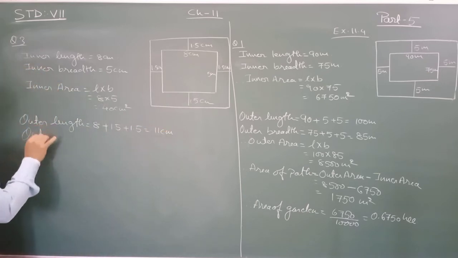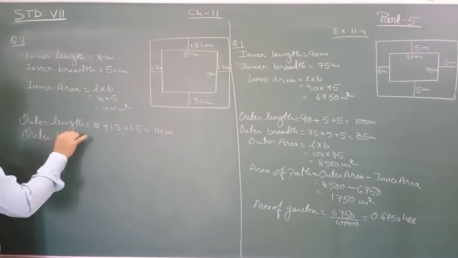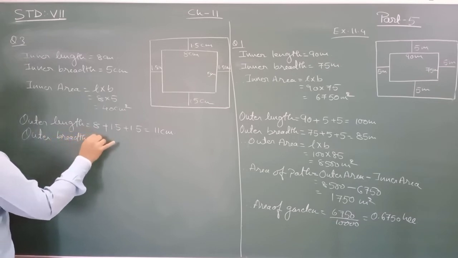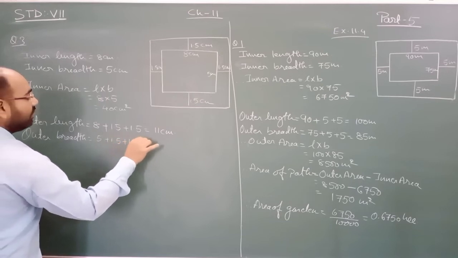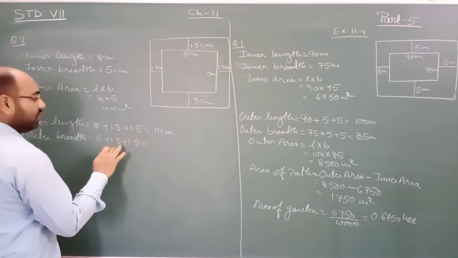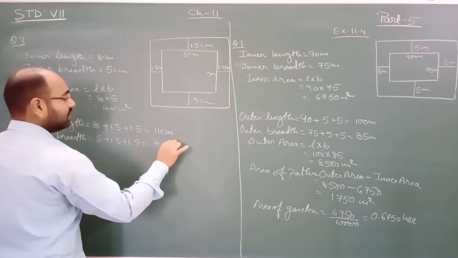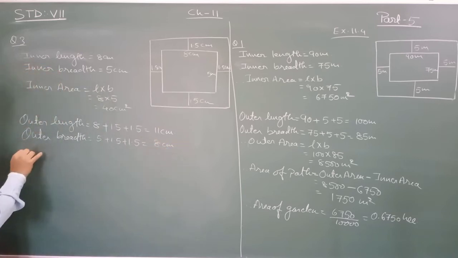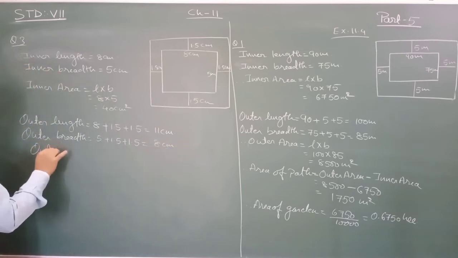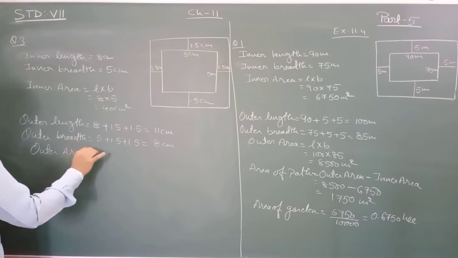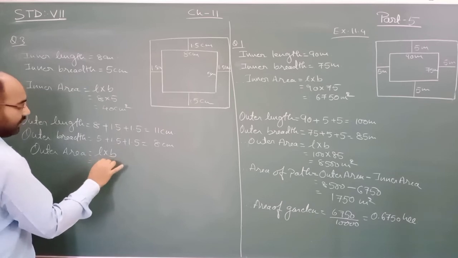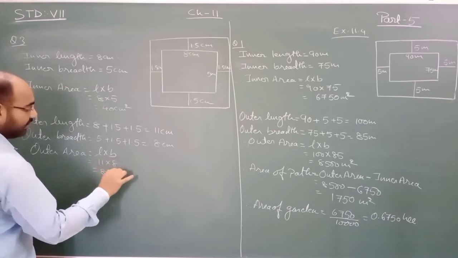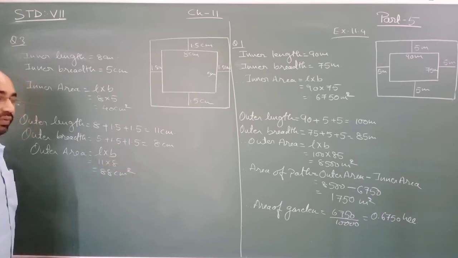Now same way, outer breadth that will be equal to 5 plus 1.5 plus 1.5. So 5 plus 3 is 8 centimeter, and therefore outer area is equal to L into B, that comes to 11 into 8, 88 centimeter square.